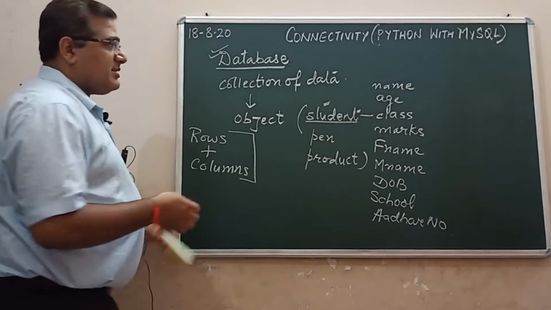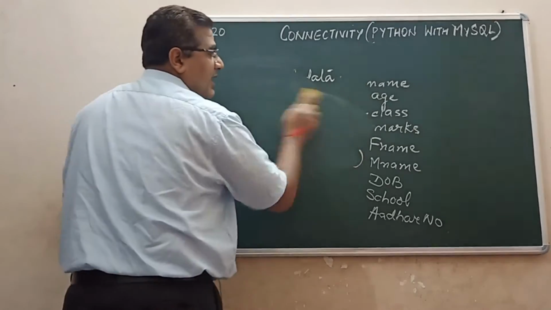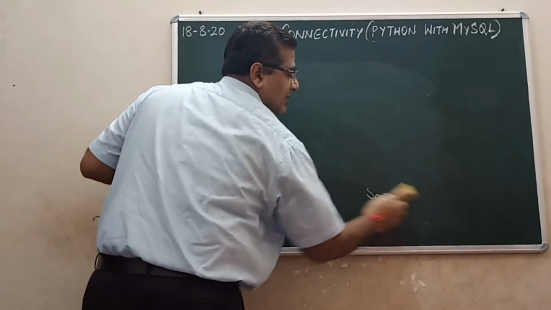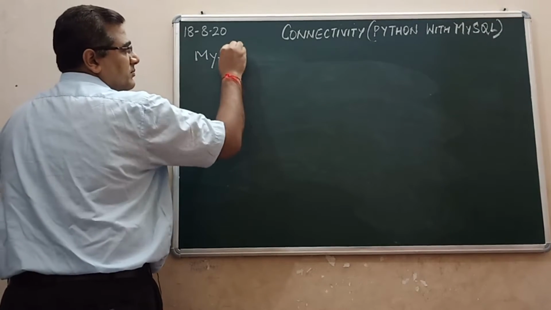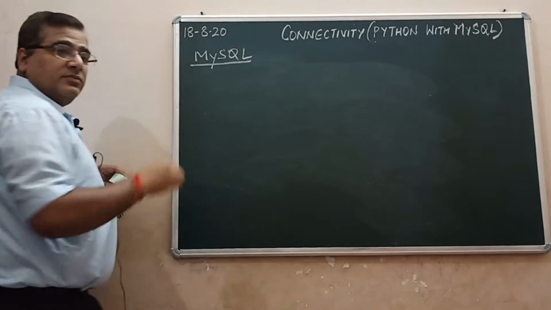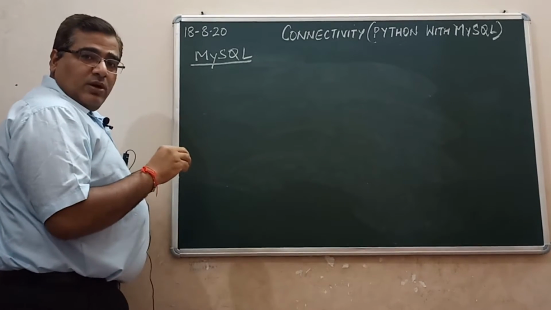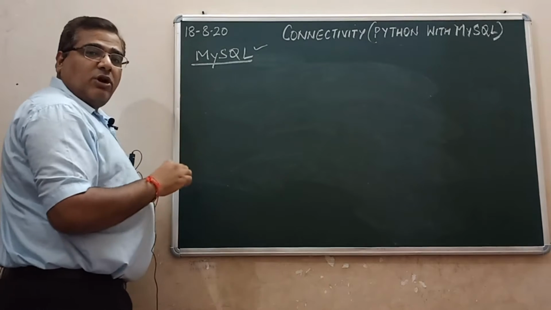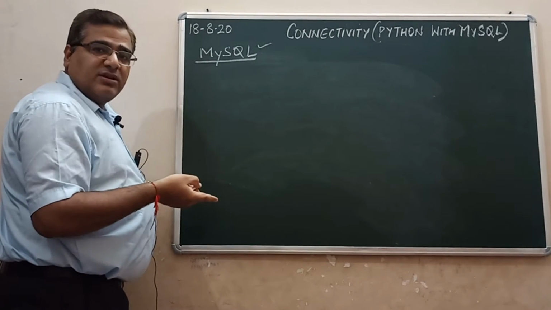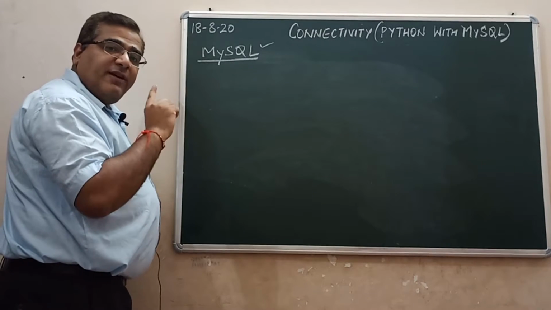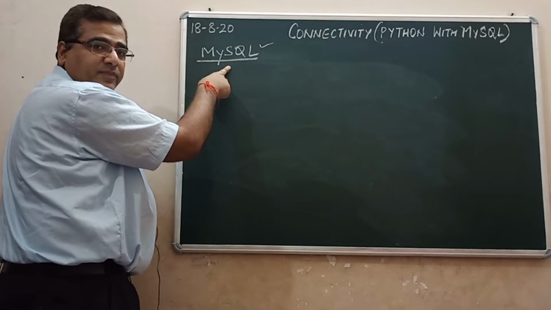In plus one class, if you remember, we were creating tables in database software called MySQL. In plus 2, we are dealing with the same database software but with a little bit of modification. Now we will be connecting Python along with MySQL.